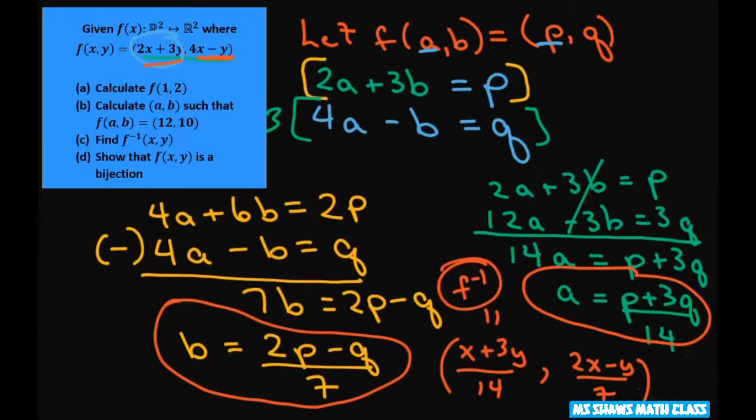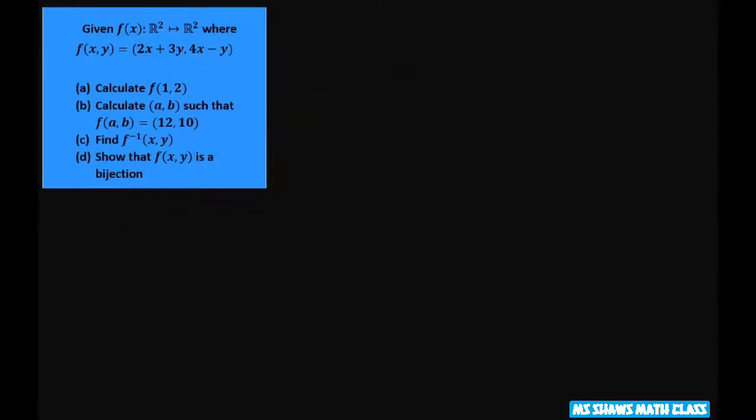All right. Now we're going to show that f of x, y is a bijection. So for that one, first we have to show that it's injective and surjective. To show it's injective, we're going to let f of a, b equal f of c, d. And this is the standard way to do it when you're doing the Cartesian product.